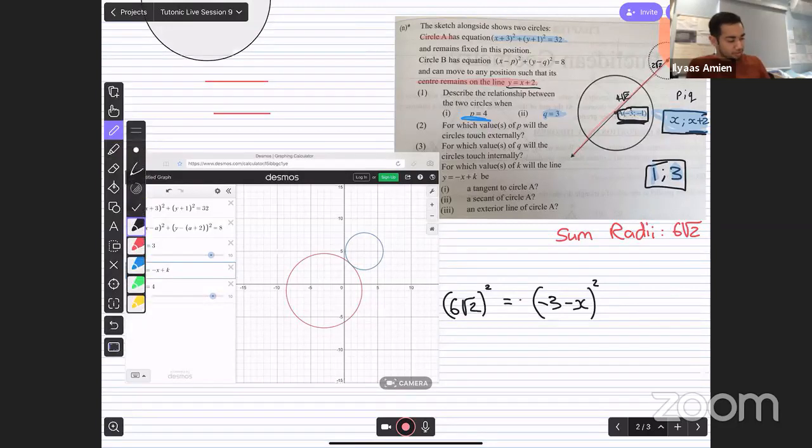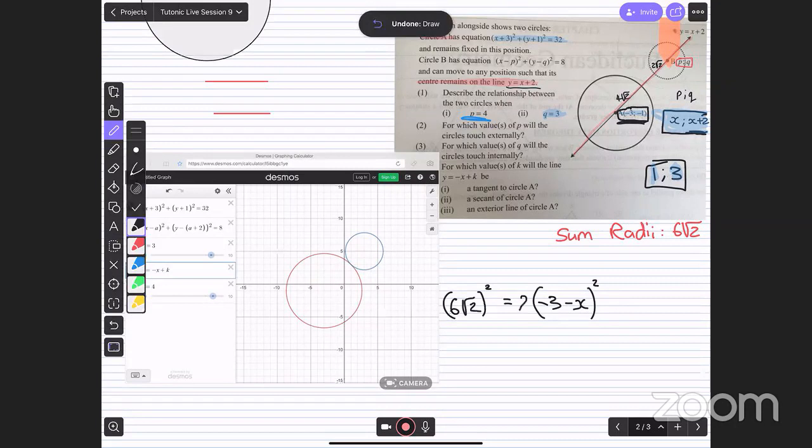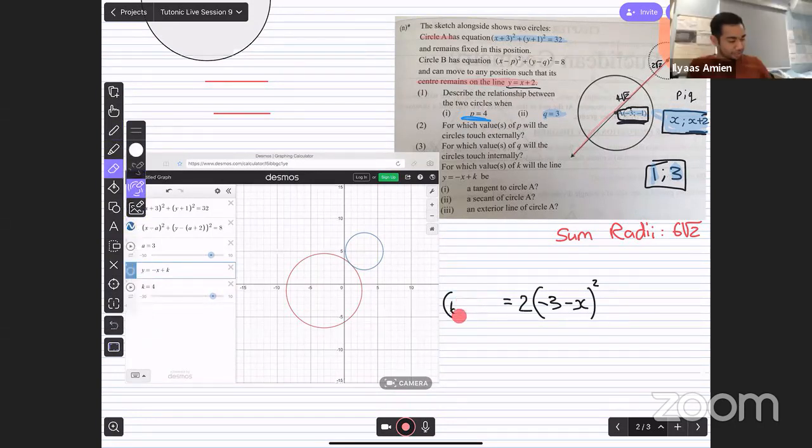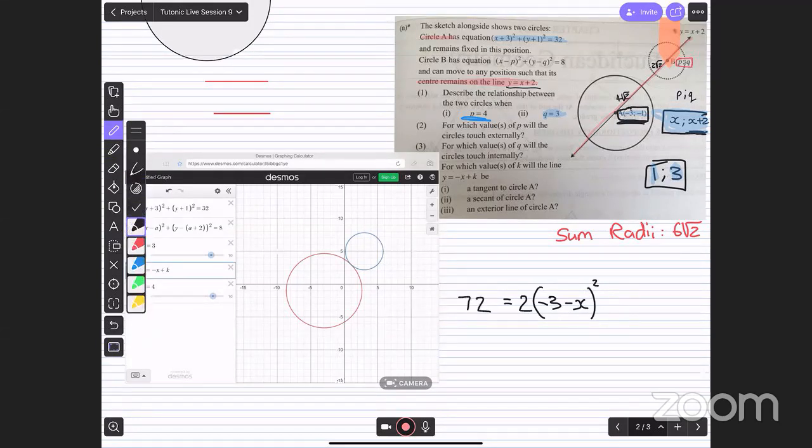What is 6 root 2 squared, without a calculator? 36 times 2, 72. Great. And then you divide that by 2, right? 36. Expand it out.